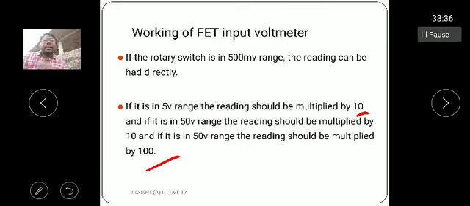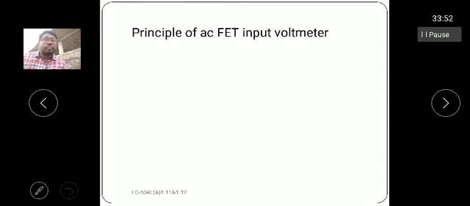That means as the range increases, the reading is multiplied by 10, by 100, because the same value can be reflected at the multimeter. That is the actual measurement.